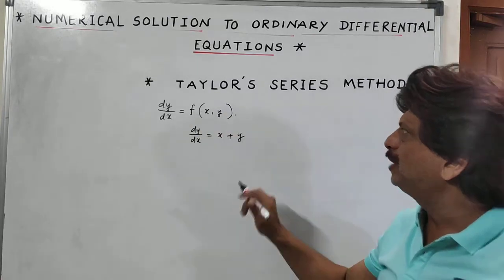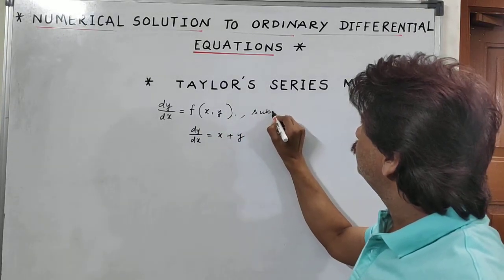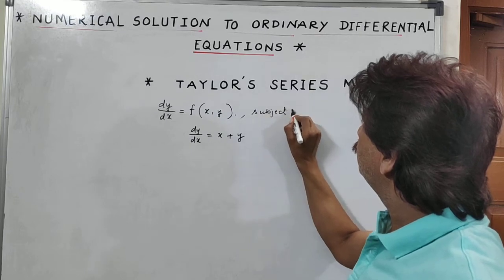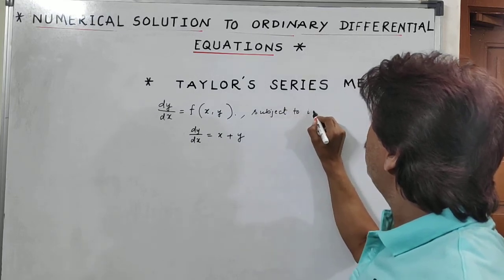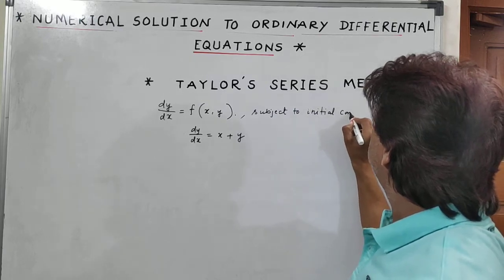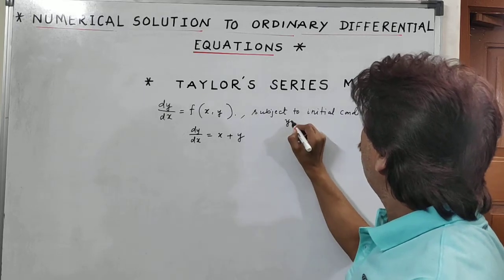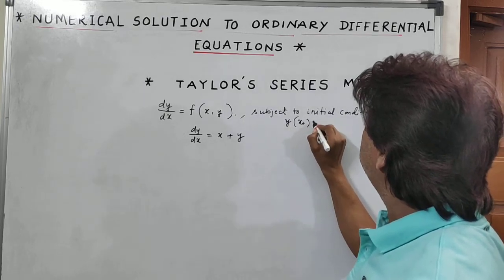So if dy by dx is equal to f of x, y subject to initial condition, what is the initial condition? y of x0 is y0.